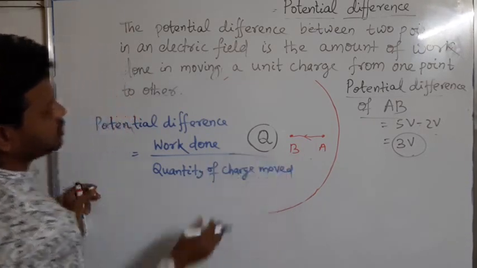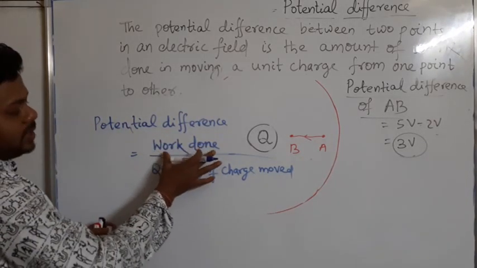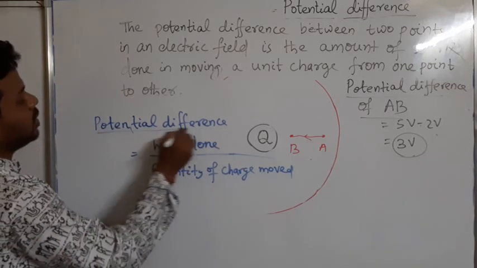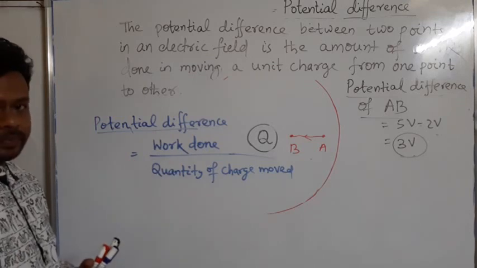How much charge you have moved. If you divide the work done by the quantity of charge moved, then you will get the potential difference. We can write mathematically.